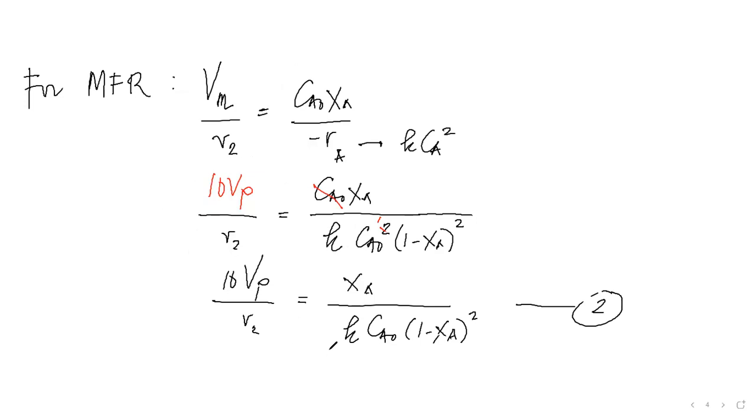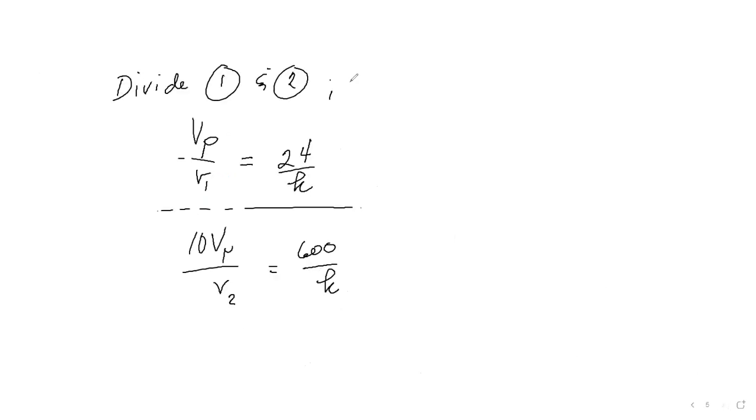You can also have this CAO XA kept here. That way we will not have to worry about conversion, or you keep conversion there. So you will have here 0.96 over K times 1 times 0.04 squared. That would give you 600 over K. So that's the 600 over K that we have in here. So after that, you can see that you can cancel this, and you will have a ratio of V1 to V2.